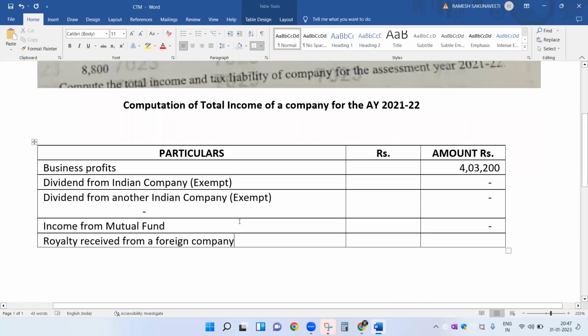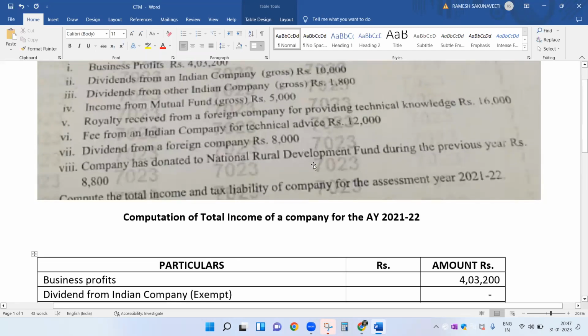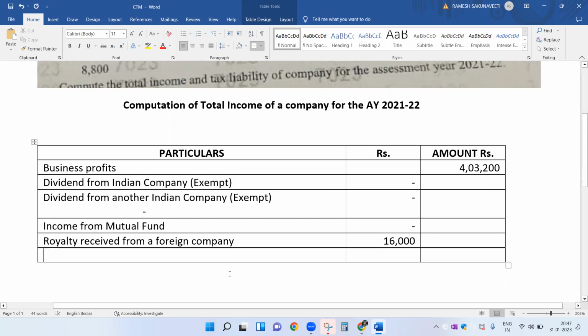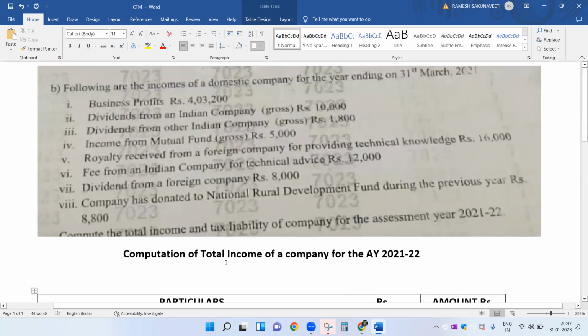So this you have to tax it. You have to collect a tax on it. That is 16,000. Sir, if royalty received from an Indian company, will it come under tax liability? That will be taxed. Only in order to confuse you, he gave like that.